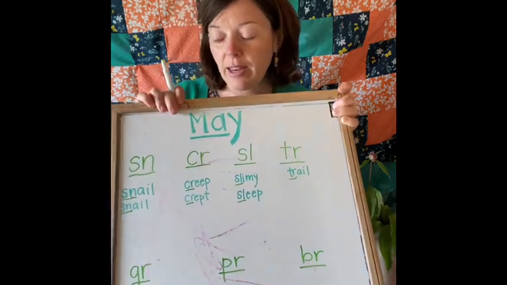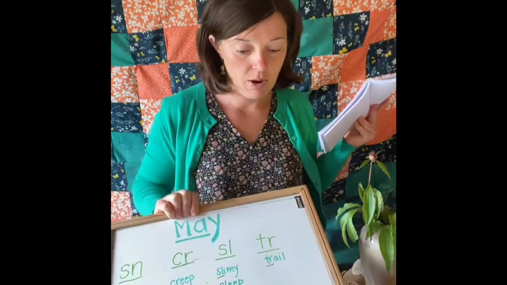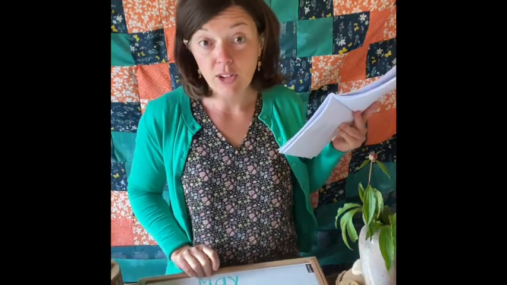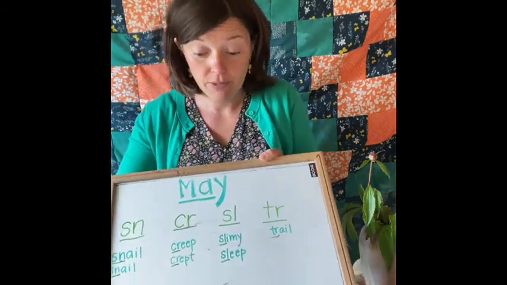Okay. Now the poem today has quite a lot of blends. I think there's 5 new blending sounds. So we're going to read this same poem over the next 2 or 3 days so that we can get through all of them. So today I just want you to be listening for 3 of the new blends this poem will have.